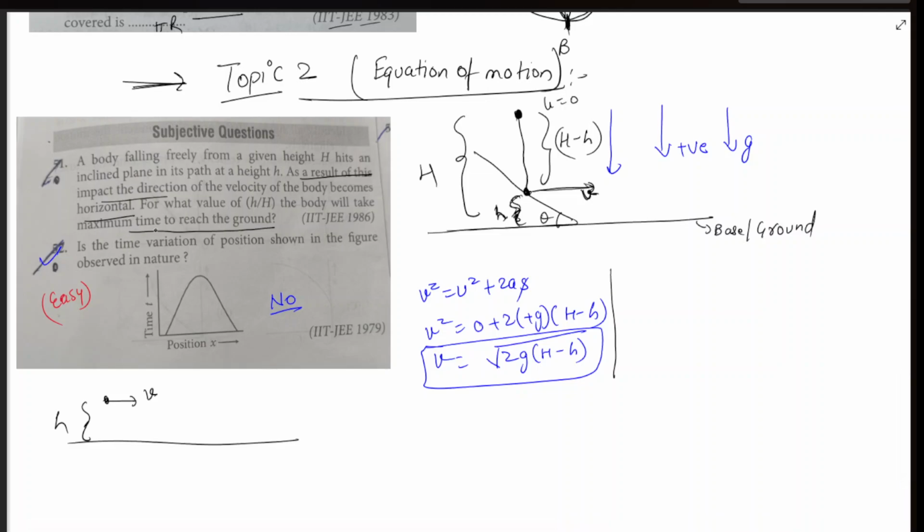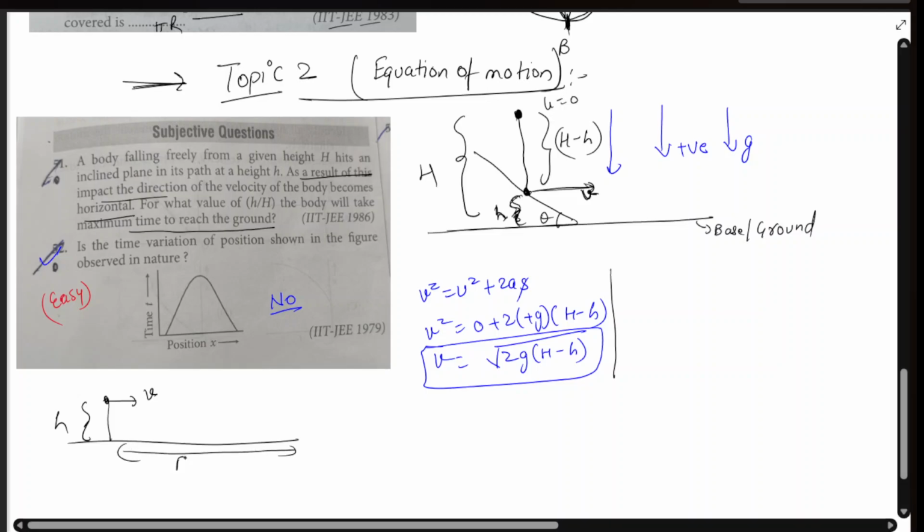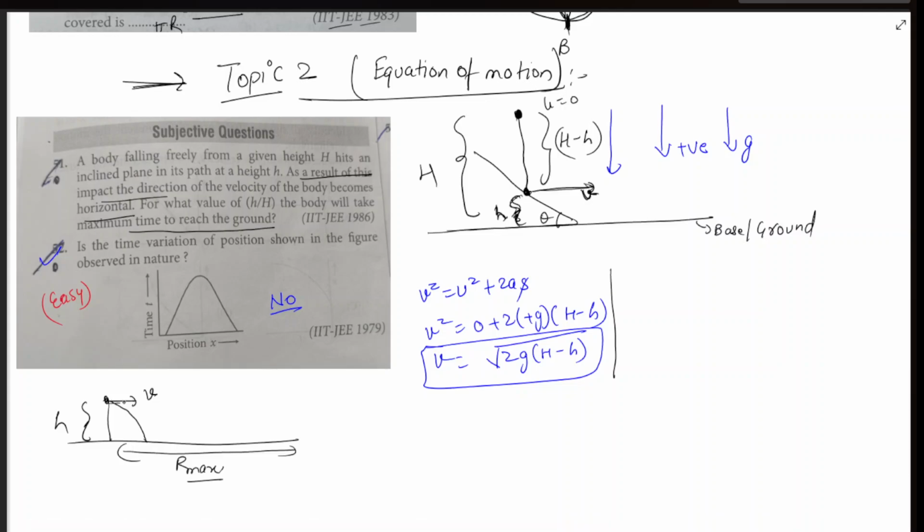To take maximum time to reach the ground, it should cover the maximum range possible. R should be maximum, because if it falls straight down, it is different, but if it goes like this, the horizontal velocity is constant, and the formula for range is v horizontal into time of flight.